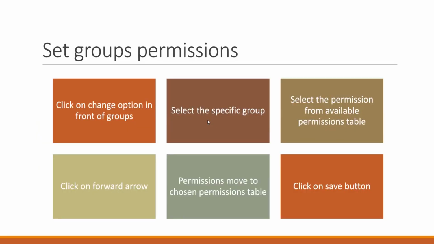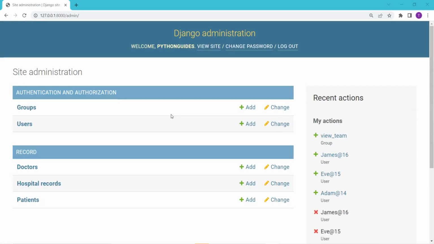Now we will discuss how to set permissions for groups. There are some steps we will follow to grant permissions to the groups, and we will understand them with the help of an example. Before creating a group permission, keep one thing in mind: the group must be created first.